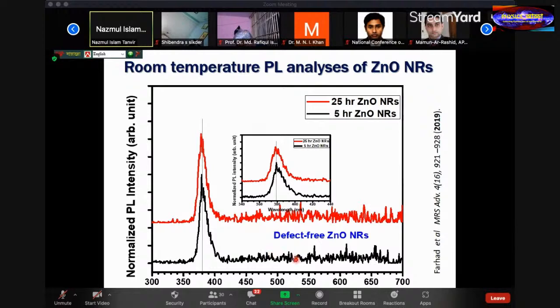There is some spike, but this is noise, which may come from the detector. And if you want to know more details of defective zinc oxide NRs, you can find them in our published journal, also in MRS Advances in 2019.